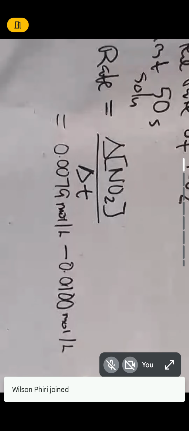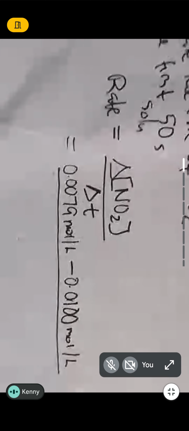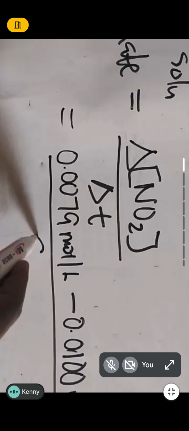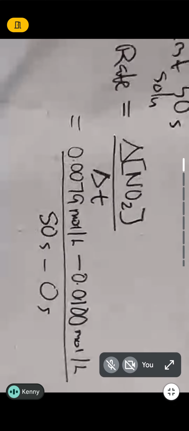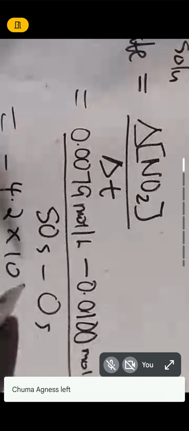Over T2 minus T1. T2 here is 50 and T1 is 0, so it is 50 seconds minus 0 seconds, times 10 to the power negative 5.